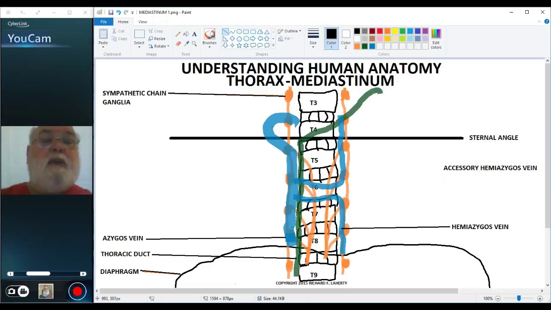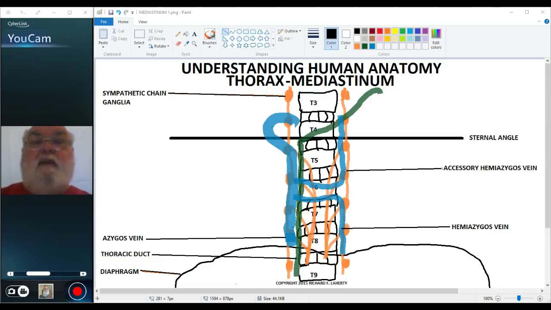And the accessory hemiazygos vein here. So the hemiazygos vein receives intercostal veins on the left side from the subcostal vein, which would be the 12th of the trunk veins of the thorax, all the way up to around the 7th intercostal vein.